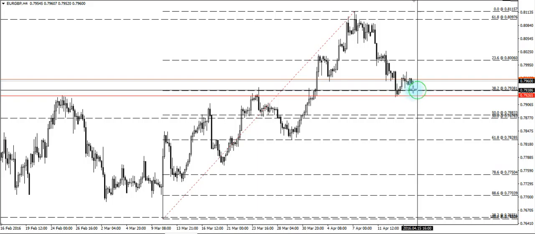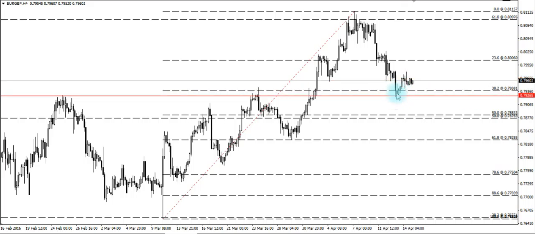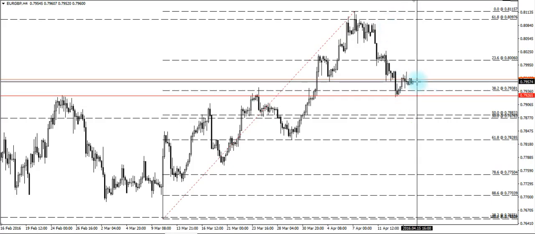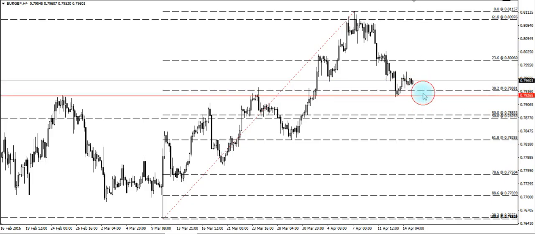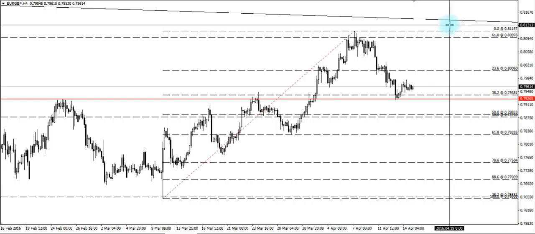Although it got supported at the key support level, the rebound wasn't really that strong, so we can expect the price to fall a little bit further again back to the same level. Then we can look for a confirmation before we go for the buy opportunity towards the top of the falling trend channel based on the weekly charts.